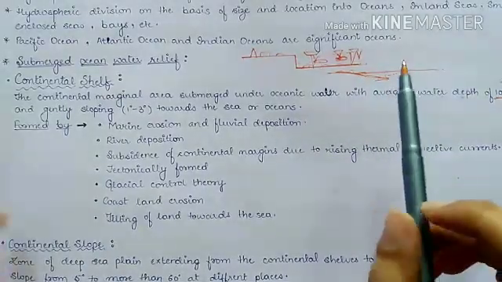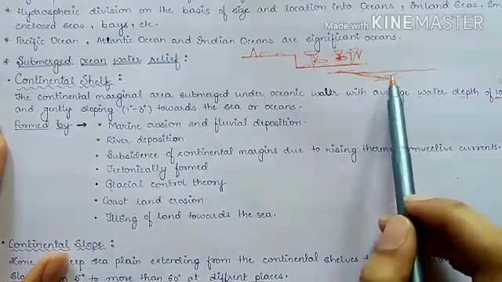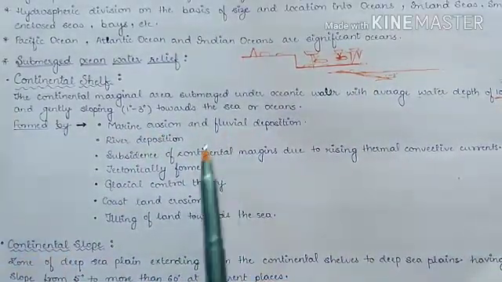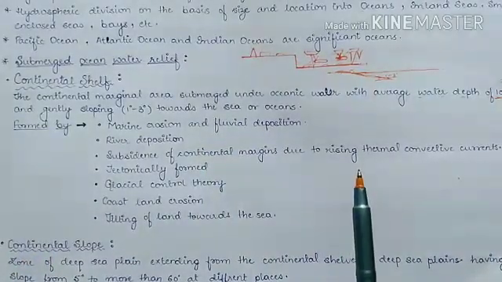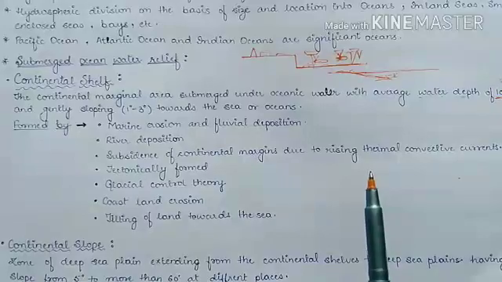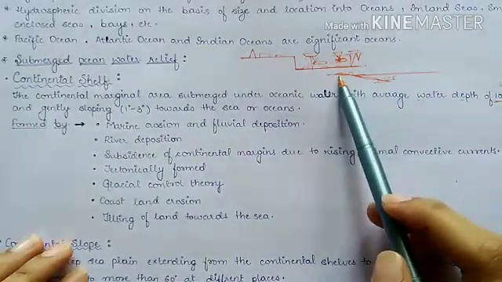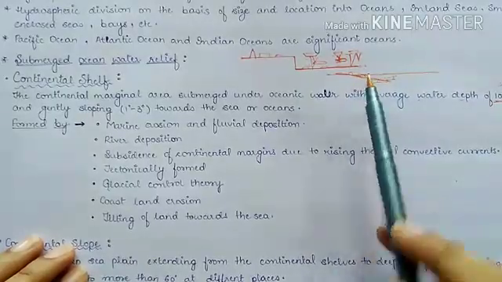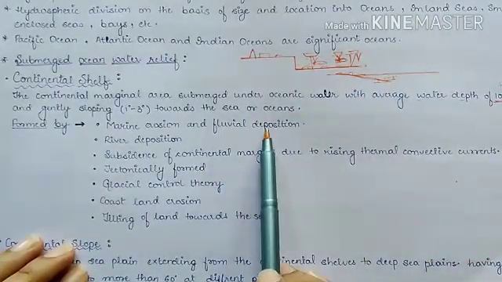Thus we can say that continental shelves are formed from marine erosion and fluvial deposit. And why fluvial deposit? Because these sediments are received by the river and brought to the sea or ocean by the river. Hence this is known as fluvial deposit.